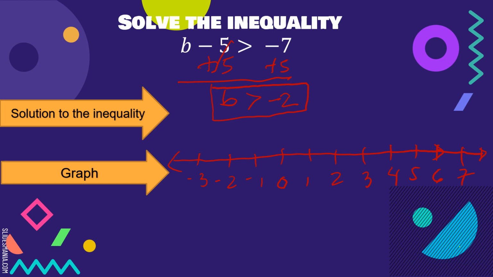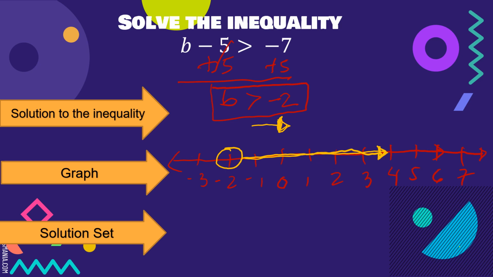Negative 2 is not included, so negative 2 is our area of interest. It's an open circle, or a hollow circle, and our inequality points to the right. So we are going to sketch the graph to the right. After that, that is our graph for the inequality.